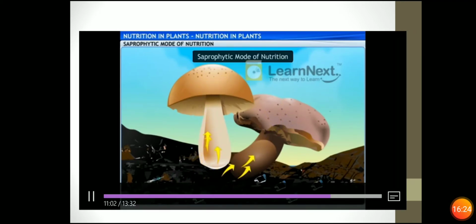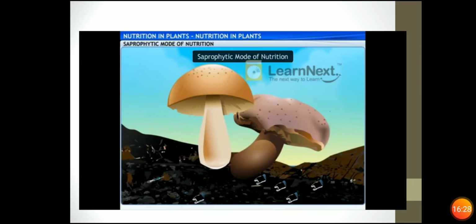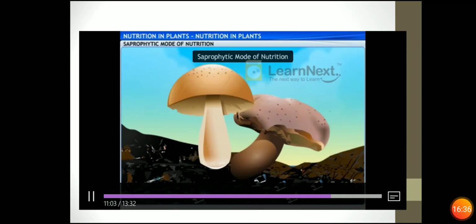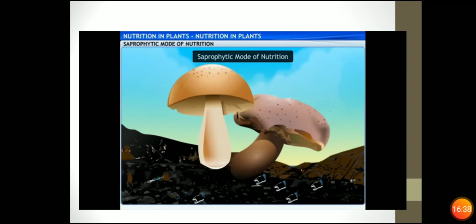Now the mode of nutrition in which the organism takes nutrition from dead and decaying matter is known as saprophytic nutrition, and the organisms are known as saprotroph. Plants which use a saprotrophic mode of nutrition are called saprotrophs.